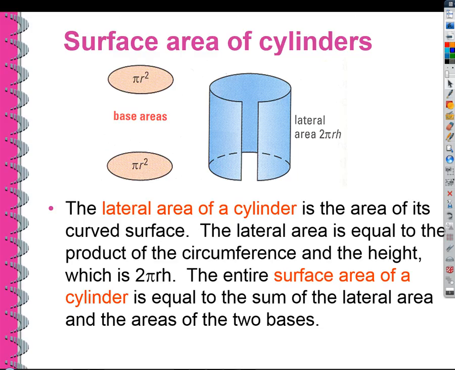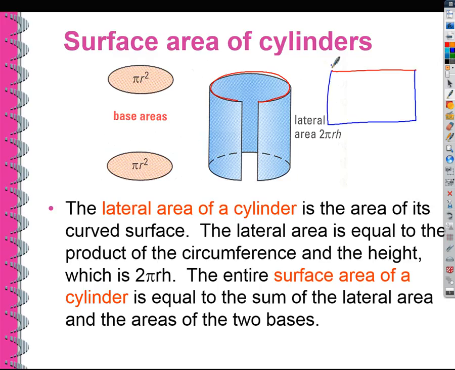Okay, so if we do that, would you agree that this red distance is the width of the rectangle we get if we unfold it? The height is just h. So we end up with h times the circumference of the circle.